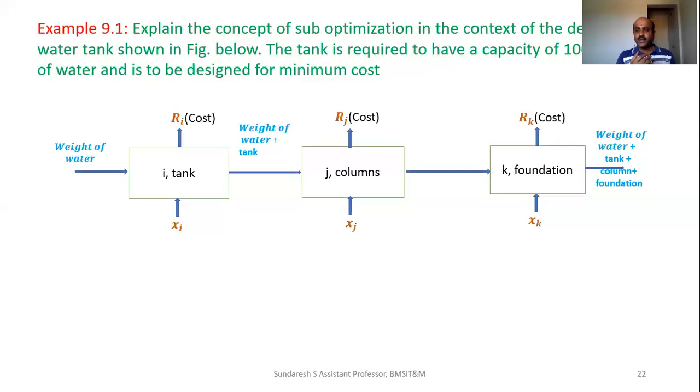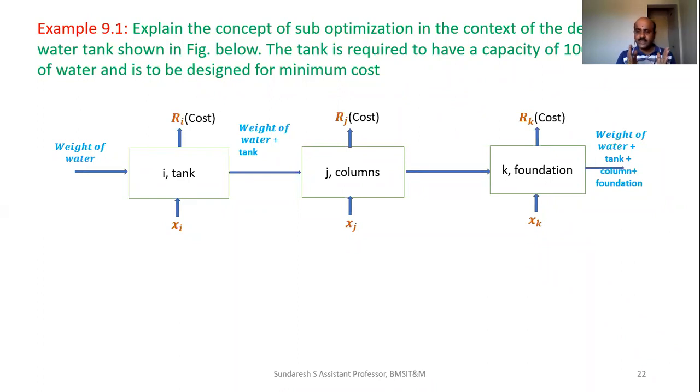If I choose steel, steel is the expensive part in the columns. Because my ultimate aim is to reduce the cost, if I choose steel of lower cost, of course you are optimizing the columns. But what happens to the succeeding element, the foundation?